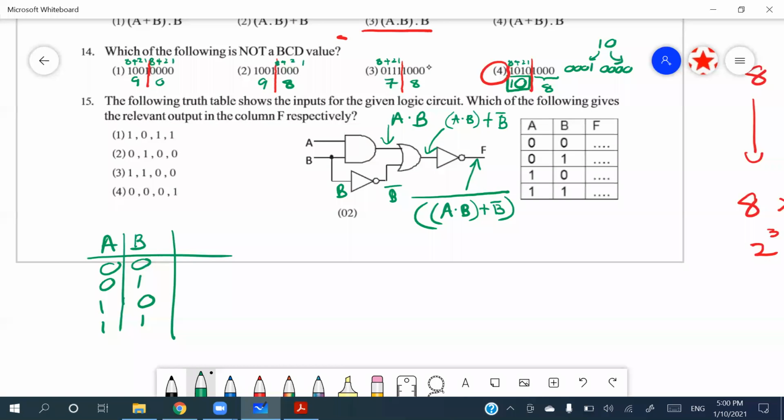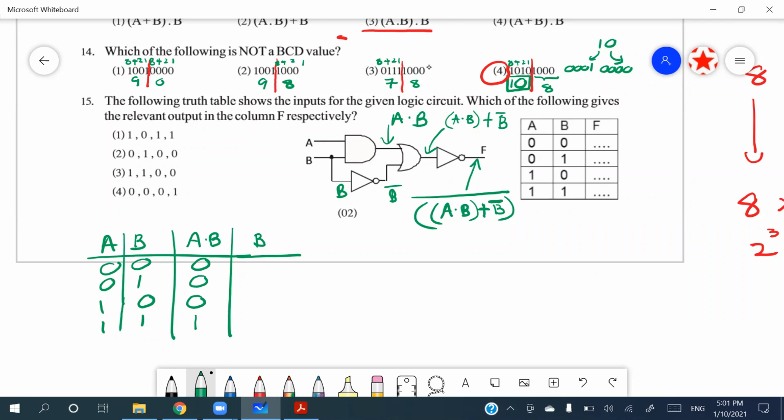So in the expression, you are going to go for the innermost brackets first. So A dot B will be made, which is a simple one. So it is 0, 0, 0, and 1. Right? Then the plus operation and the NOT operation are there.